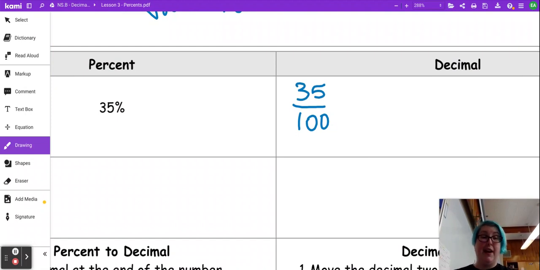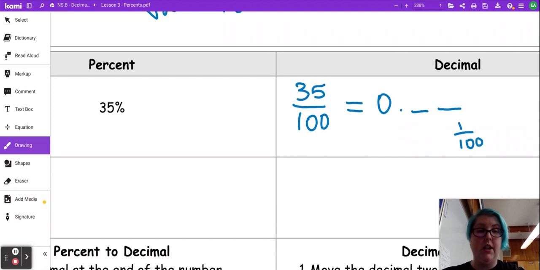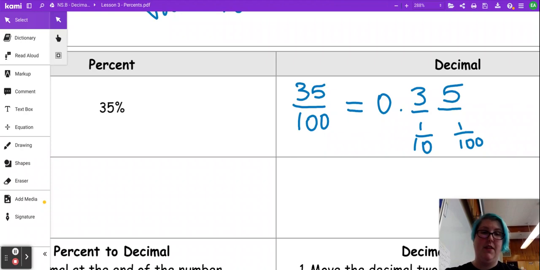Now, you can absolutely punch that into a calculator. It will give you the number 0.35. We can also know that this is the same as the place value of the 1 over 100 here and the 1/10 here. So in the tenths place is the 3, the hundredths is 5, so 0.35. Again, you can do long division or a calculator to verify, but 35% is the same as 0.35.